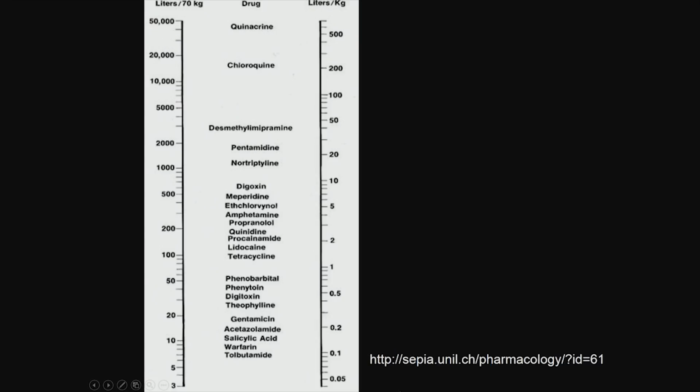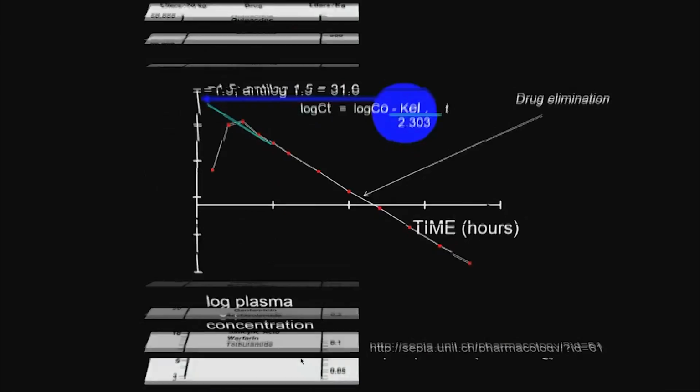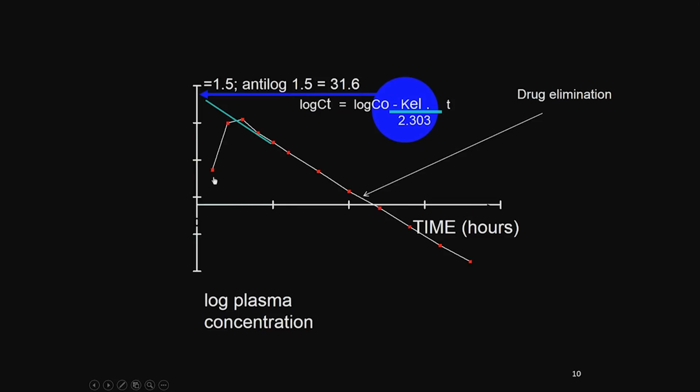This figure was taken from this particular reference. So this is the typical curve I have been showing you. If a person takes a drug orally, this is the concentration, this is the time, so the concentration increases in the plasma, reaches a peak and then starts coming down because of elimination. Generally this equation we call Ct is equal to C naught exponent minus k elimination into time.